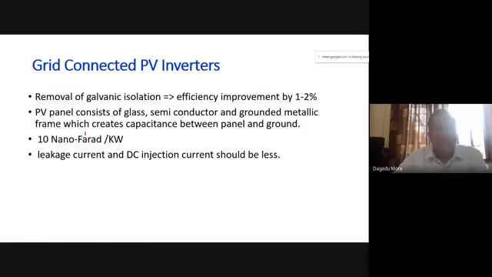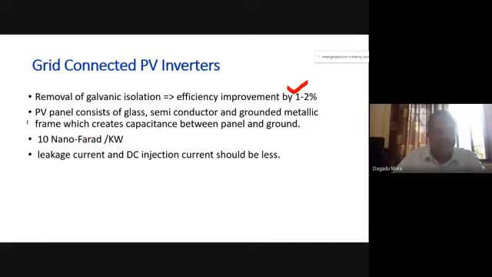Now we have already discussed why we avoid the transformer between the grid and the solar PV system. We are removing the transformer, and the sole purpose is efficiency improvement, maybe 1 to 2%. But we have seen the components of a solar panel: glass, semiconductor, and a grounded metallic frame, and this forms a capacitance between the panel and ground.